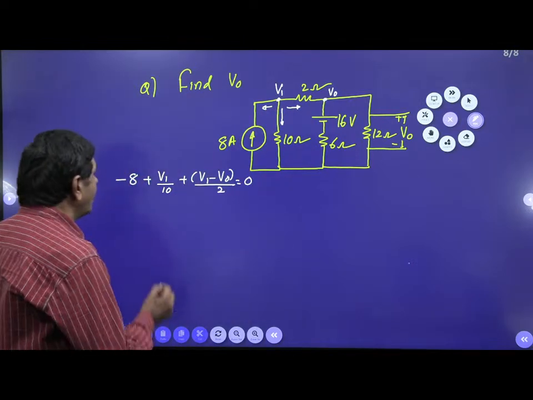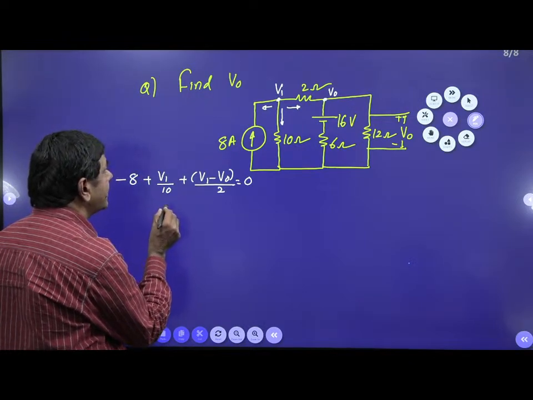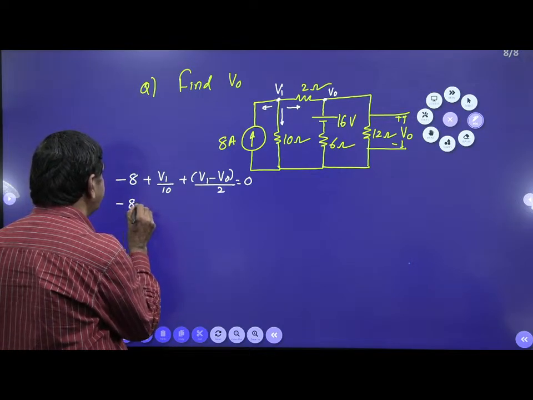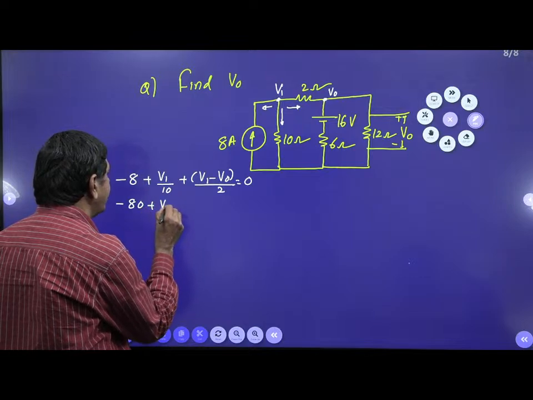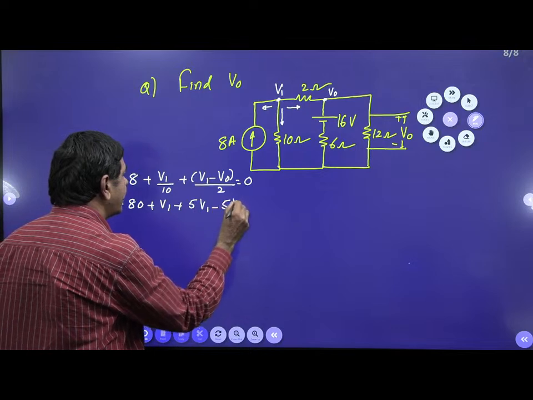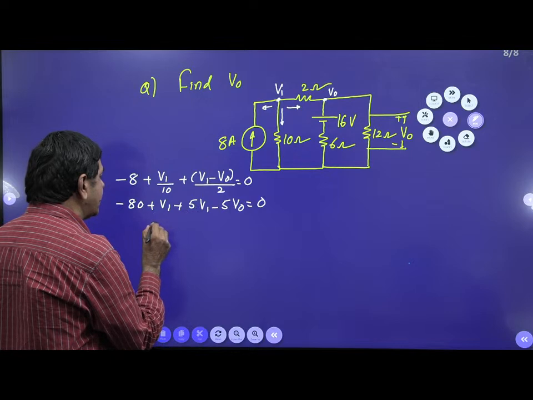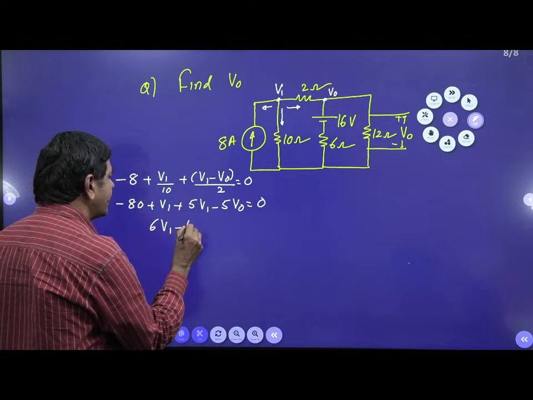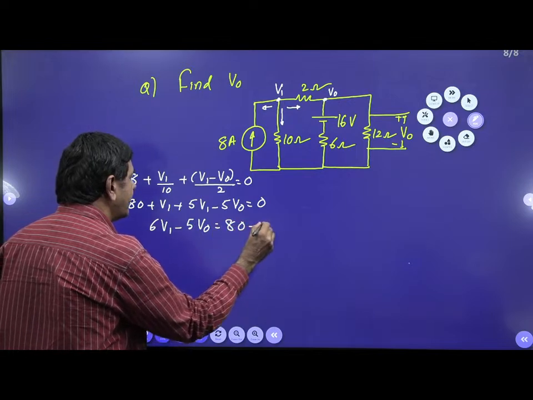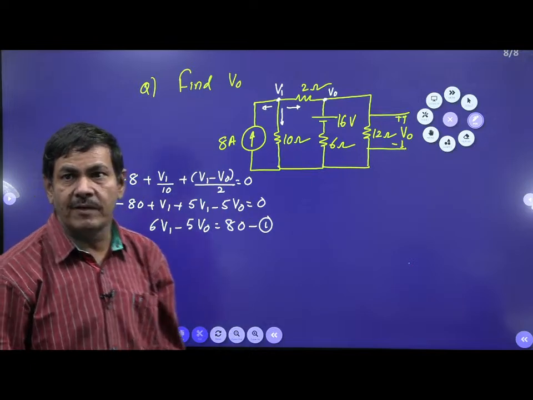Then what is the LCM here? 10 is the LCM. So I can write minus 80 plus V1, 5V1 minus 5V0 equal to 0. So V1 plus 5V1 is nothing but 6V1, minus 5V0. This is equal to 80. I want to take this as equation number 1. By selecting the node V1, I got that equation.